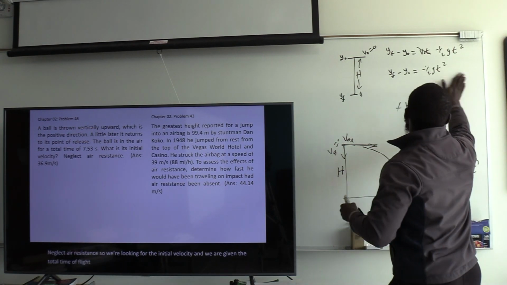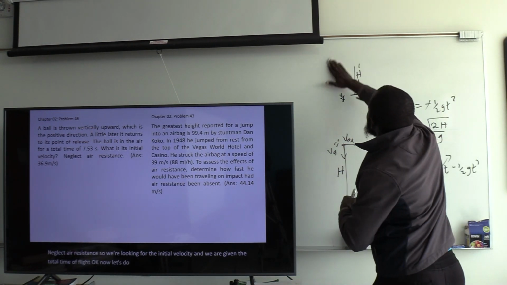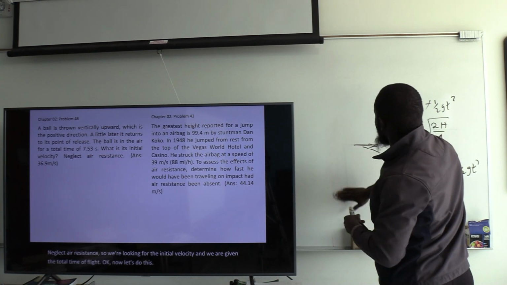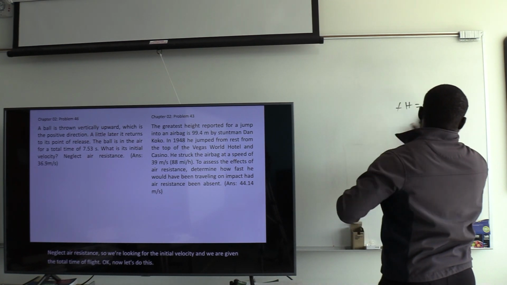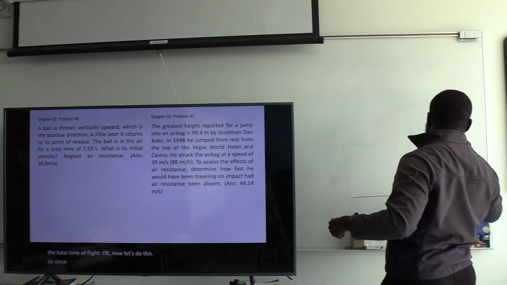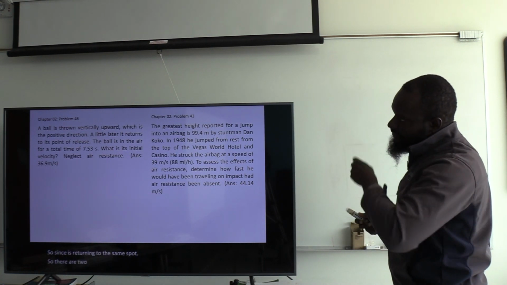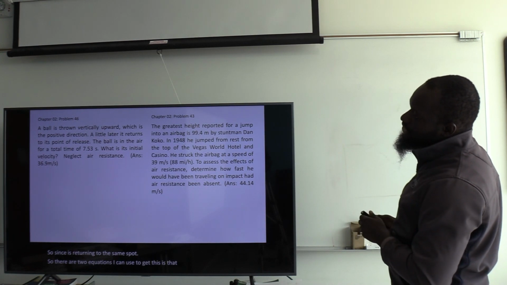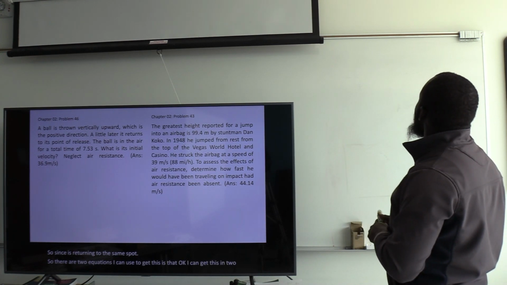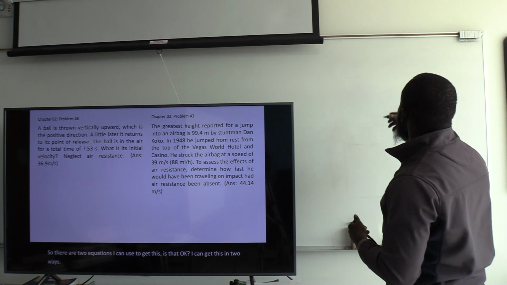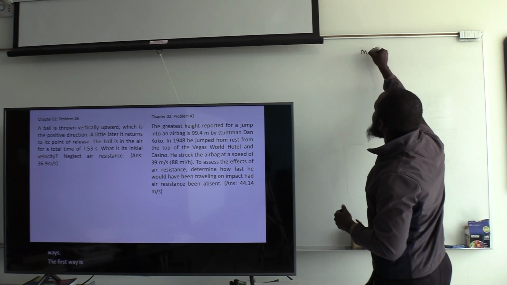Now let's do this. Since it's returning to the same spot, there are two equations I can use to get this. I can get this in two ways. The first way is method 1 to solve the problem.